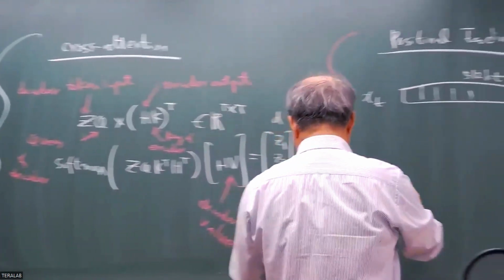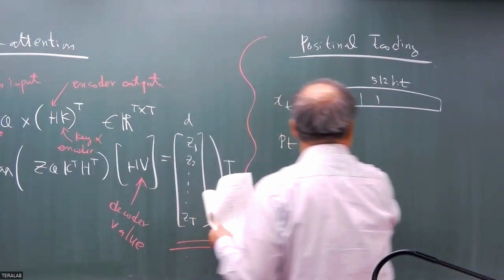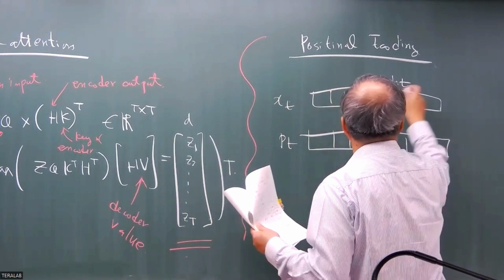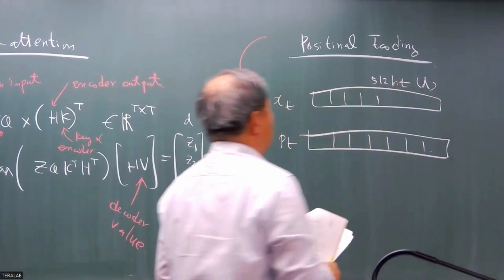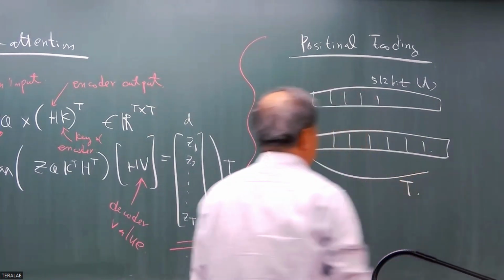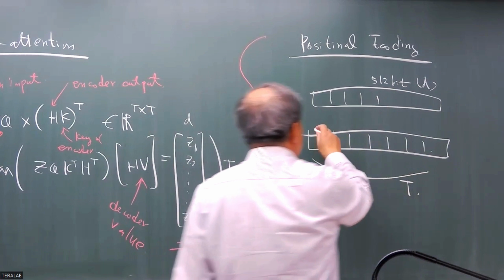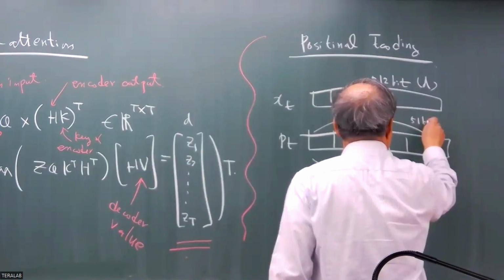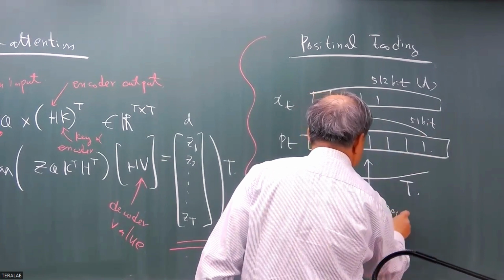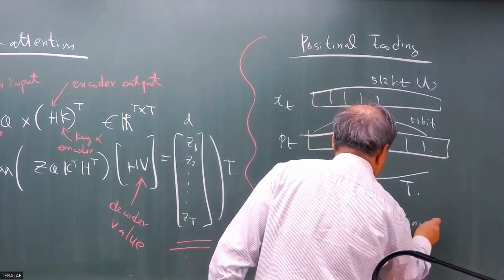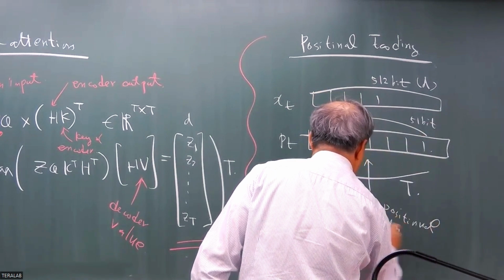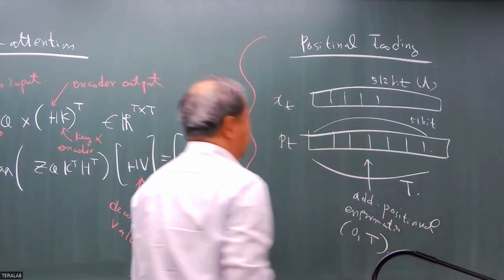Another important thing is we add positional information. Positional information means, in the 512-bit sequence, you add positional information, from 0 to T.